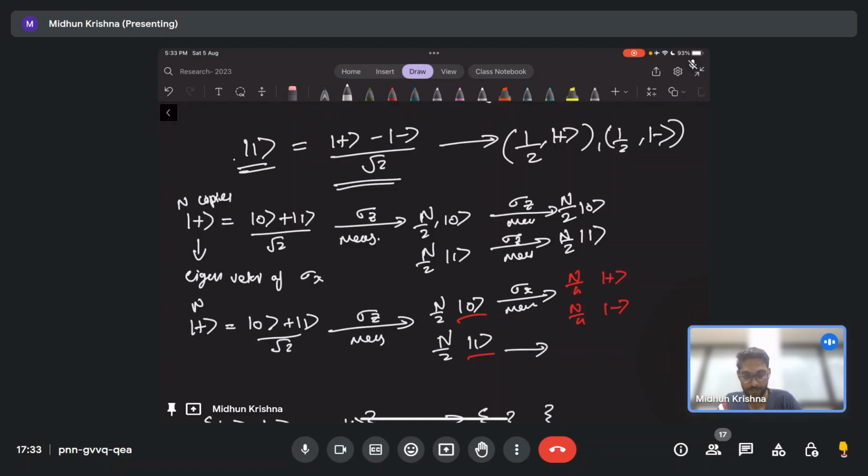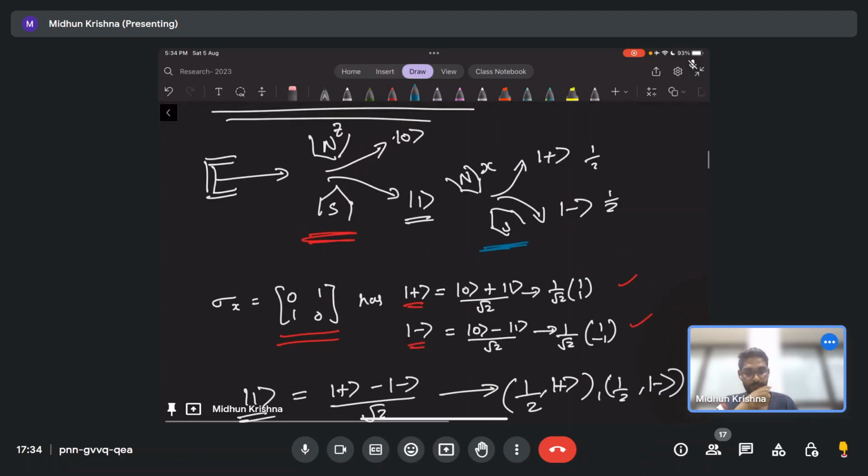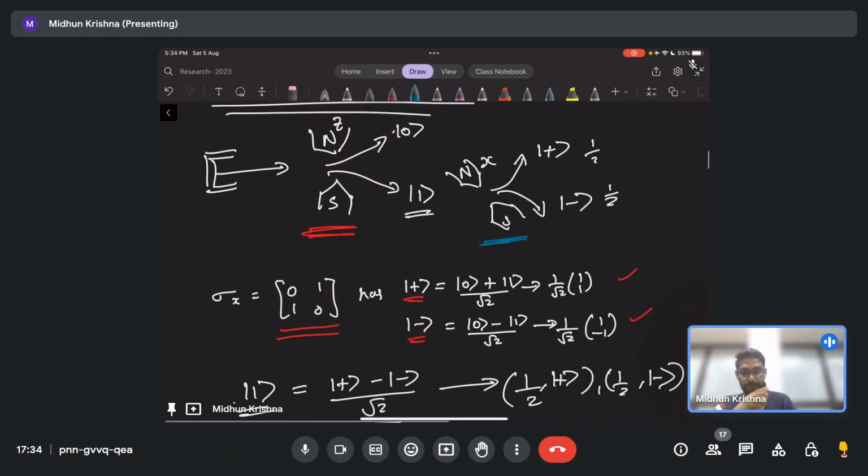Likewise, if I do sigma X measurement on the other beam, n by 4 of them would be plus and n by 4 of them would be minus. So these are the two beams that we'll get. Is that okay? That's this part of the experiment.